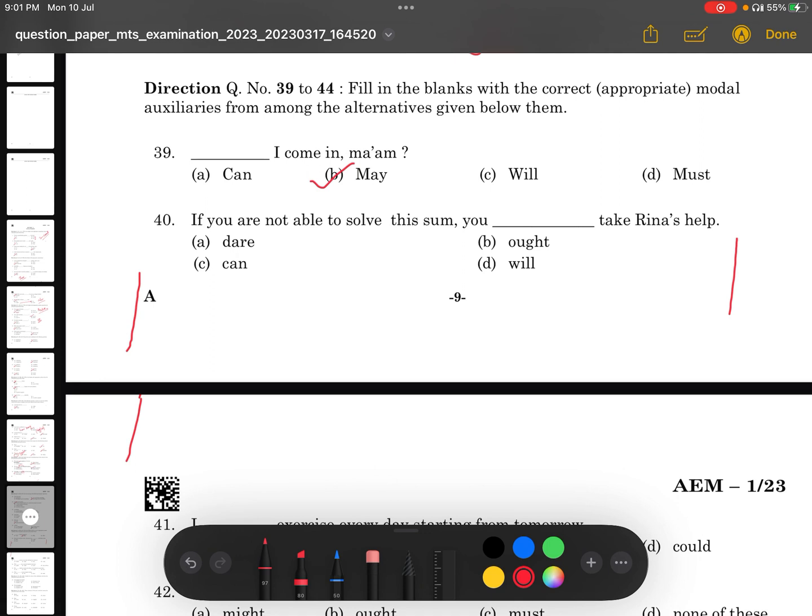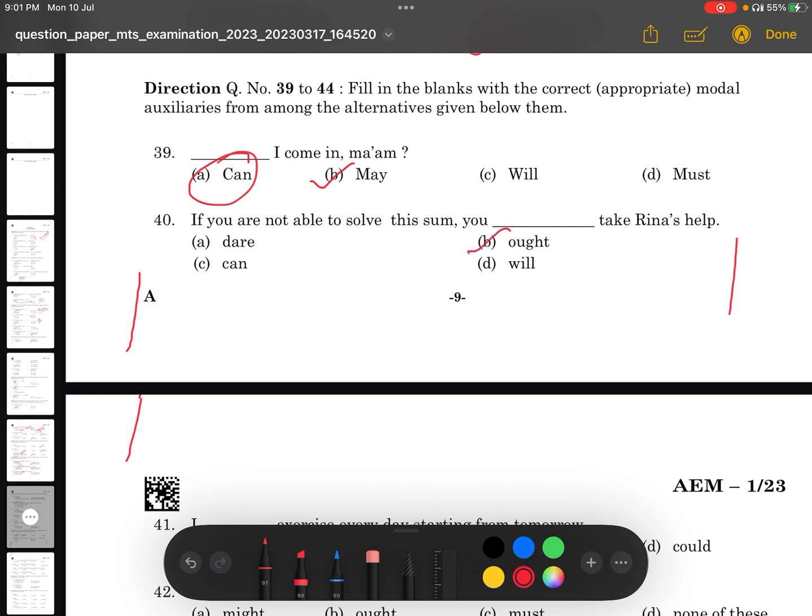This is the use of may when we ask permission and when we give permission. In both cases, we can use may. Can we use the modal can? We use can generally when physical ability is shown, like I can jump, I can run fast. Next: if you are not able to solve this sum, you dash take Rina's help.